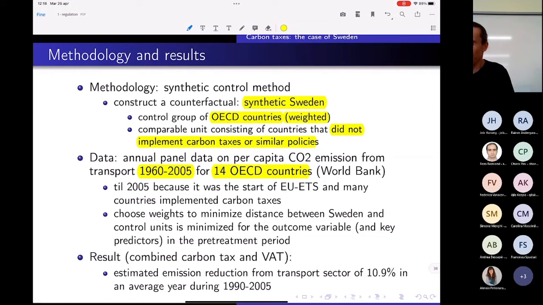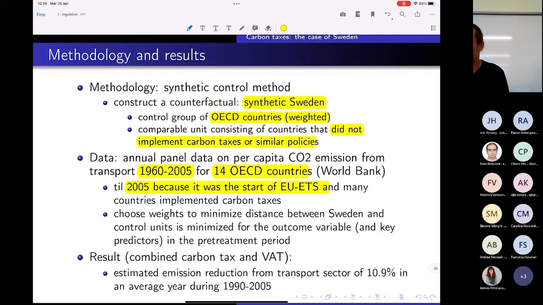That's why the time period they look at is till 2005: in 2005 the EU emission trading system started, and therefore EU countries had a very similar policy implemented. So they look only at data from 1990 till 2005.